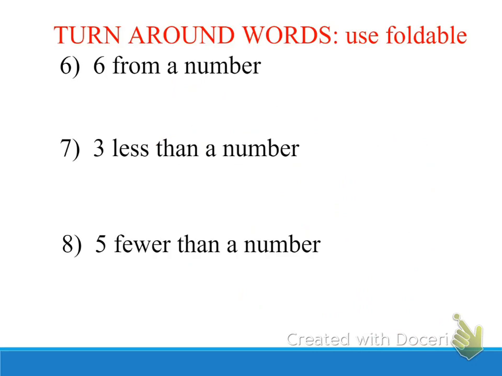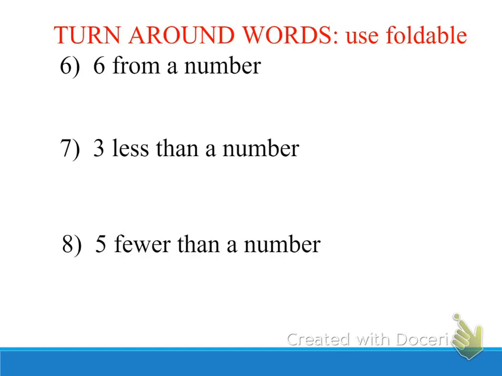So turnaround words tell us to change the order of the problem. Now, some of you may look at these and logically understand that you need to flip-flop them, and some of you need to memorize the words, and it's just up to how your brain works. Some of you will be better one way or the other. But if you look in the middle of your little foldable there's a little cloud of thought, and it says there are some turnaround words. The first one is from.